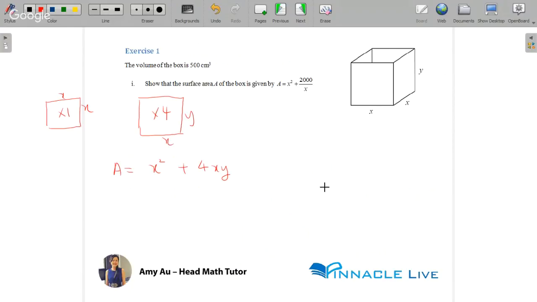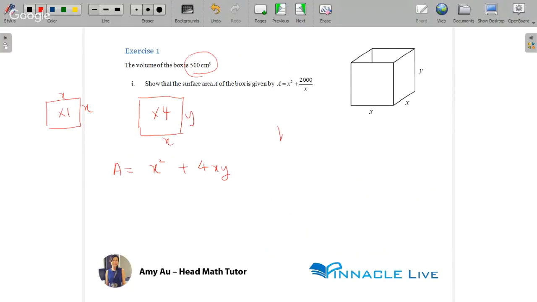That's our starting point. Now, just eyeballing this, you can see this is obviously not the same as what we're trying to deduce. What do we do? Looking at it, it looks like y has been replaced with something because there's no y in your final expression. So you need to find something that links x and y together, and that's the comment I made right at the beginning. That's going to give you your link.